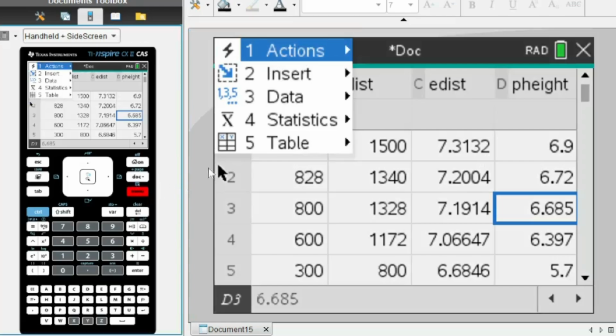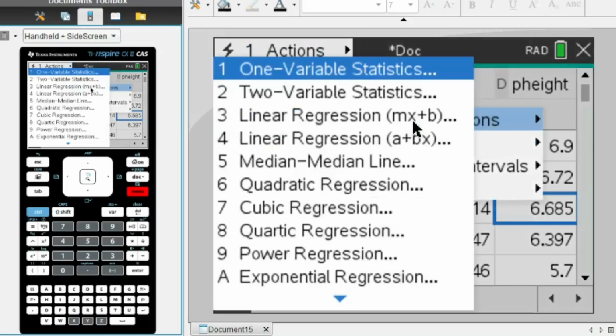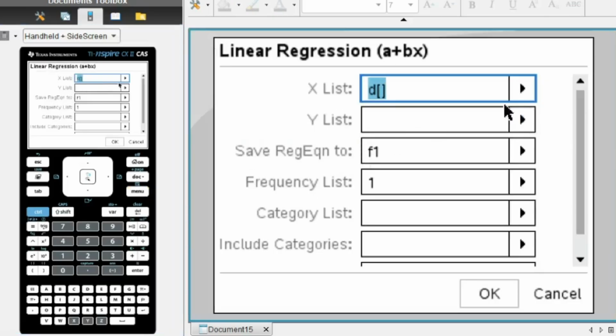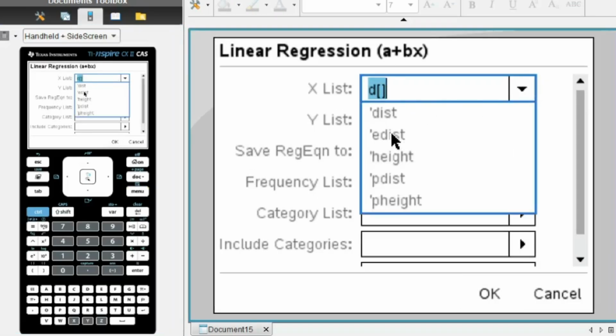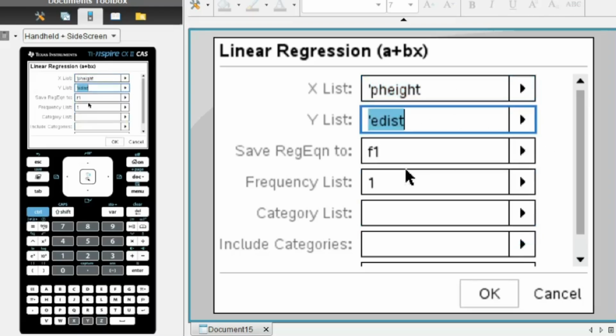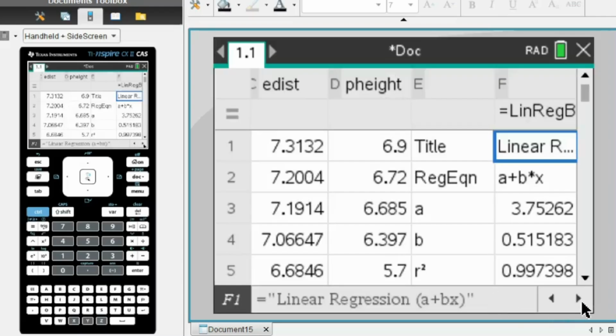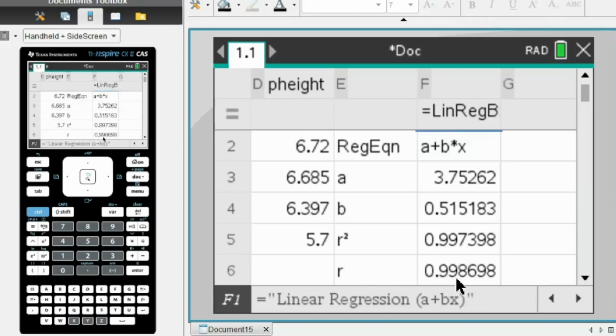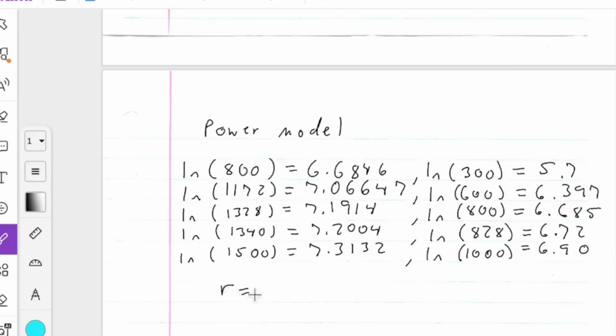So let me go ahead and go to menu, statistics, stat calculation, and then linear regression. And we're going to do it for the p height, and then the e-distance. Okay, so this r is 0.9986, right? So r is equal to 0.998, which implies our r squared is equal to 0.9974.